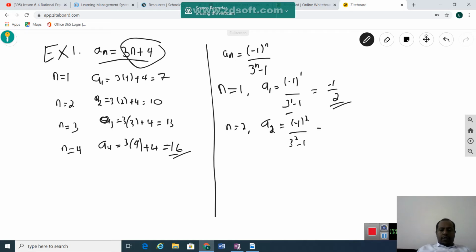So negative 1 to the power of 2 will be 1, over 3 squared is 9, 9 minus 1 is 8. So this is the second term.